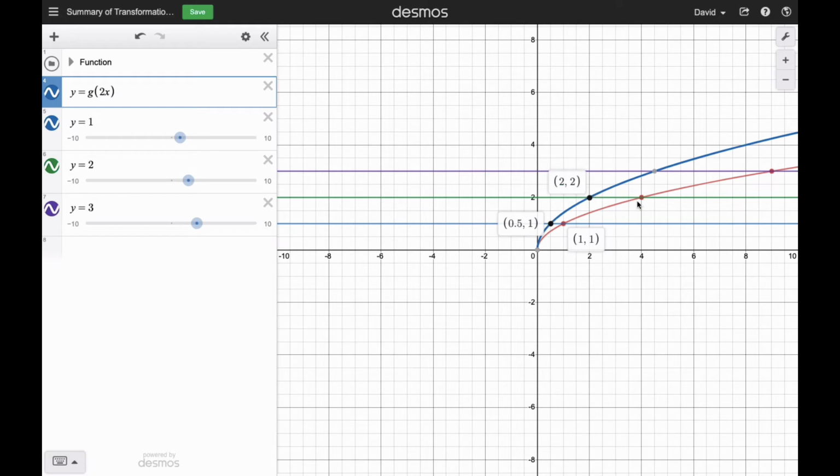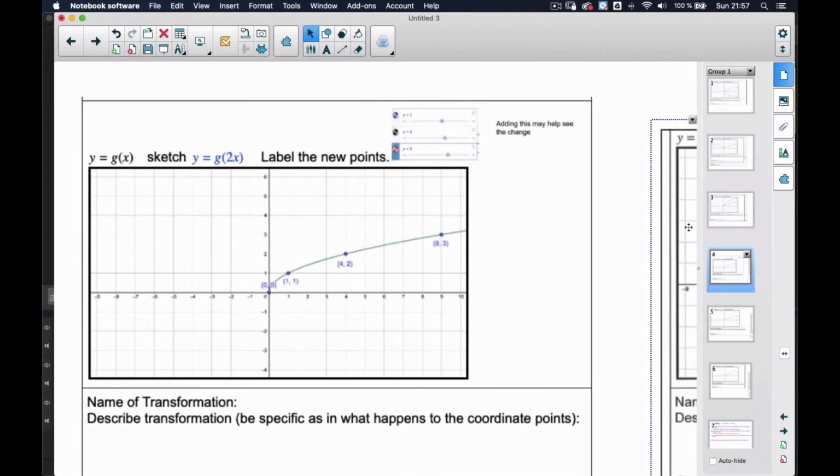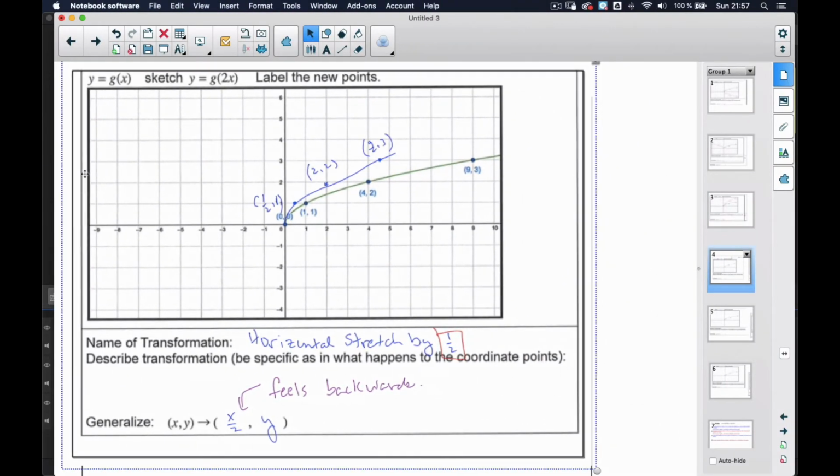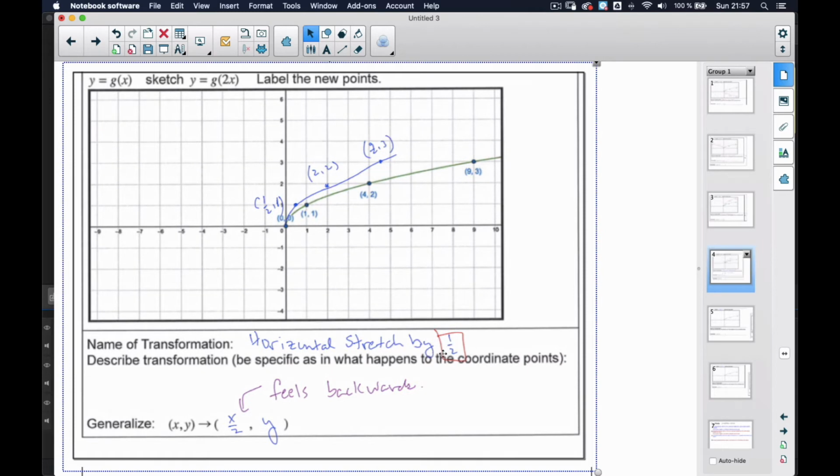The x value is 2 where it used to be 4. The x value is 4.5 where it used to be 9. And so this is what we call a horizontal stretch by a factor of half, right? It feels backwards. Even though there's a 2 inside the parentheses, it's divided by 2.